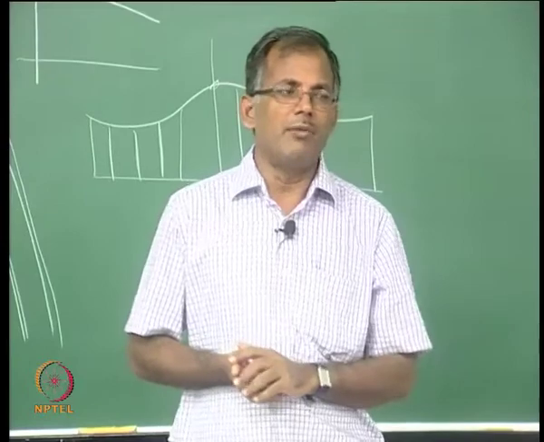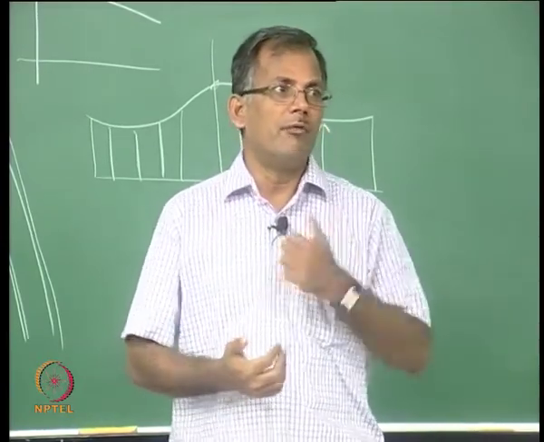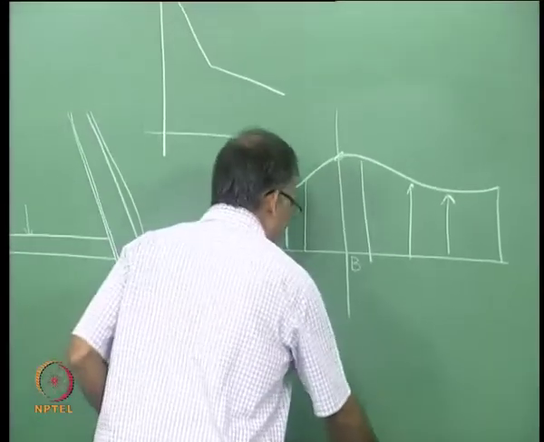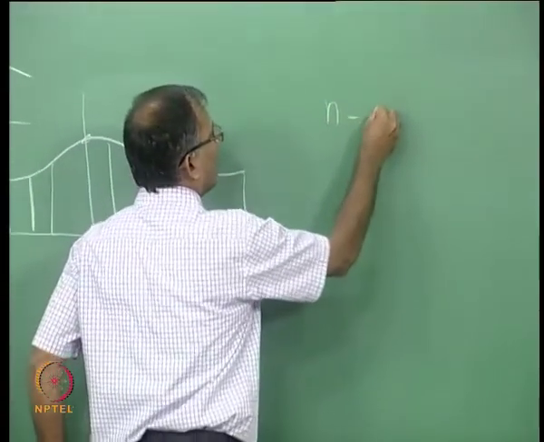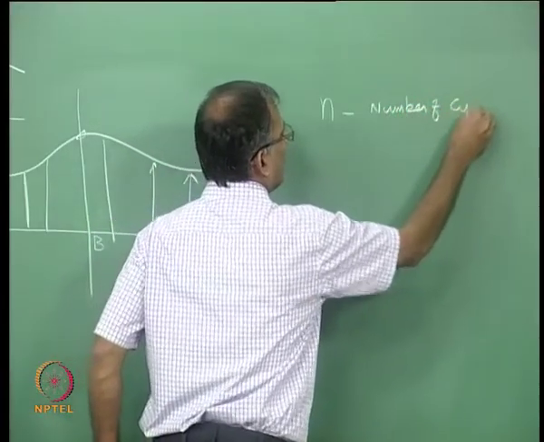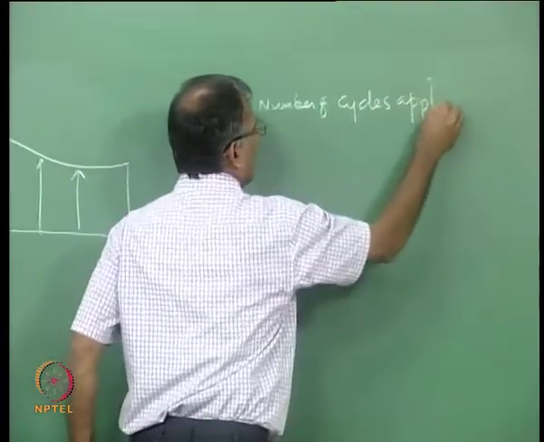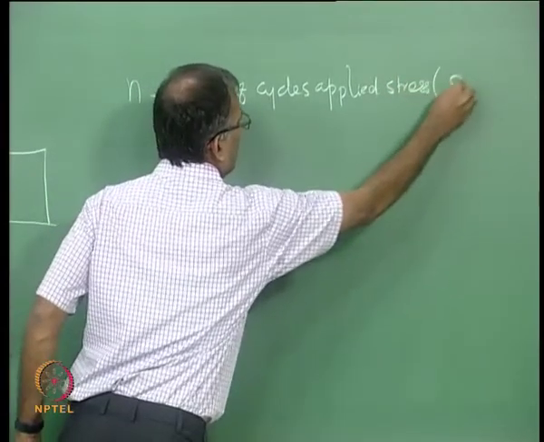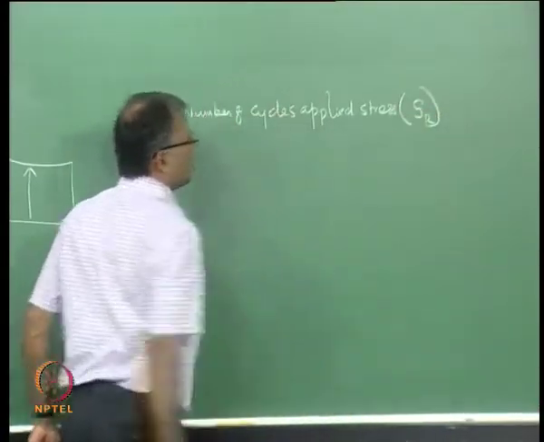Prior to that, we also have the idea of the number of cycles applied due to external waves on the structure. So, what we know is 4 variables. We have the number of cycles applied, and the stress, which you can call the stress range, hotspot stress range.